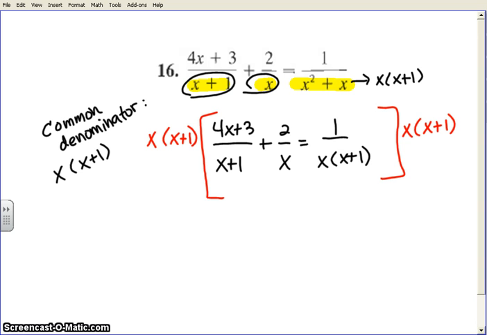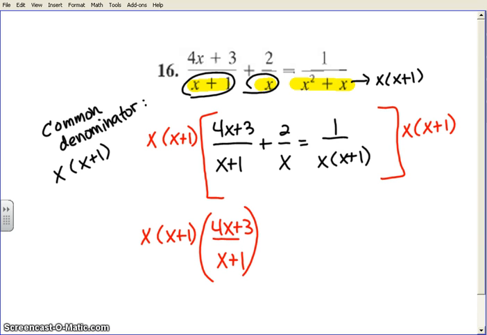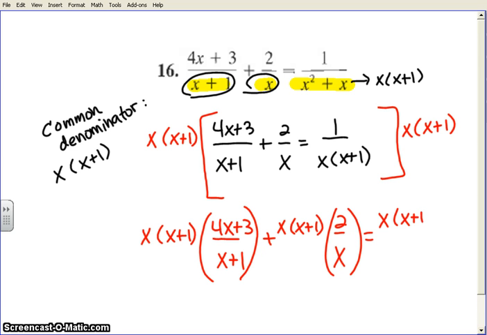Okay, so that's going to give me x times x plus 1 times 4x plus 3 over x plus 1 plus x times x plus 1 times 2 over x equal to x times x plus 1 times 1 over x times x plus 1.